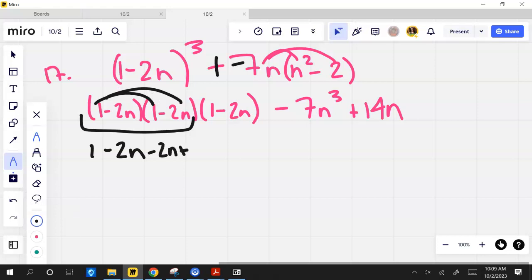Minus 2n plus 4n squared, yeah. Either one's the same thing. You can do it either way. Subtracting and adding a negative, same thing. Can't do that when you're adding or subtracting inside here.